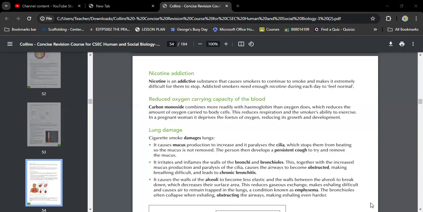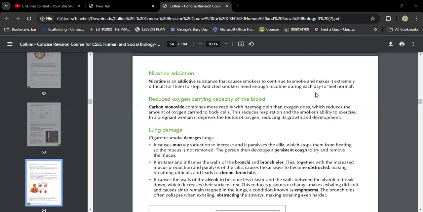So this reduces respiration, and for persons who smoke, their ability to keep up with exercising and doing long distance running and so on is greatly impacted, right? If a mother is pregnant, she deprives her fetus of oxygen, reducing growth and development. So there are some really negative effects of smoking, as you could see.